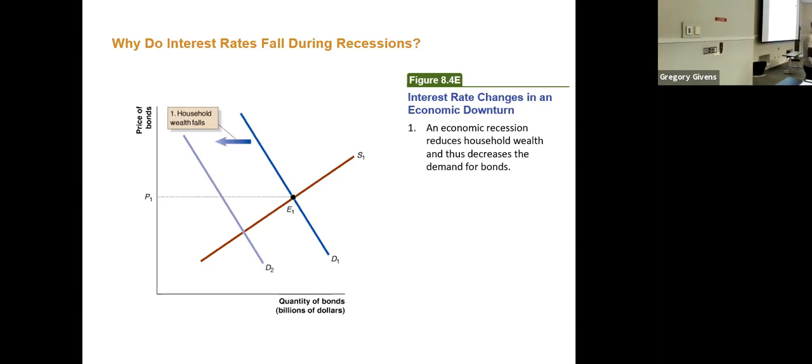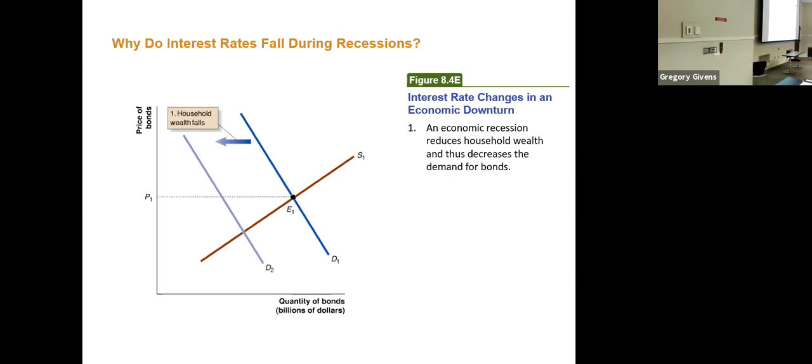This is an example that we took from the last class, which would tend to put downward pressure on price and cause yields to rise. Well, what do we see in the data? Interest rates are actually going down during recessions, not up. So this must be an incomplete story of what's going on.